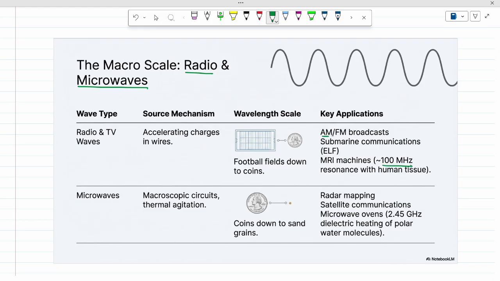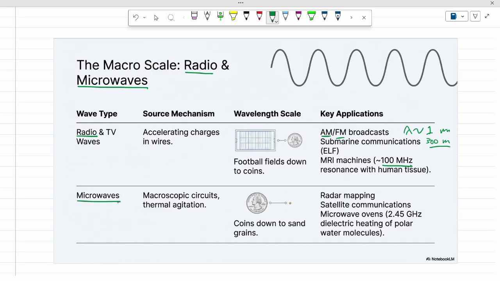In fact, AM and FM stations are often named after the frequency they operate at. FMs operate at hundreds of megahertz. AMs operate at thousands of kilohertz. And they have wavelengths of around a meter, or like 300 meters. Multiples of meters, that's the radio frequency.